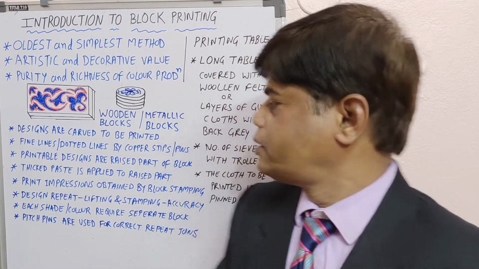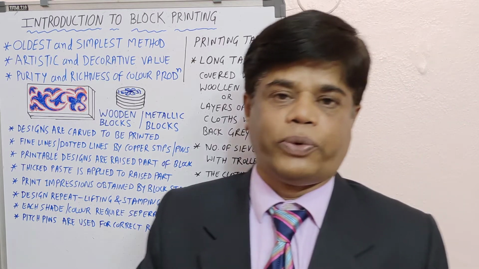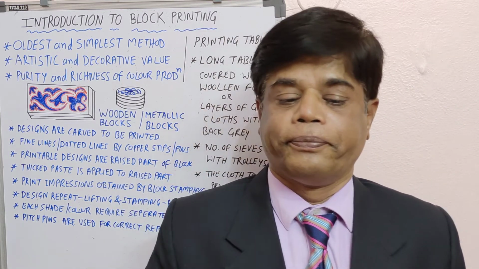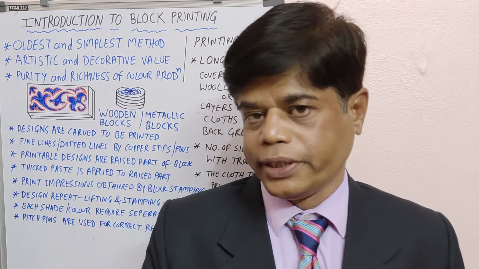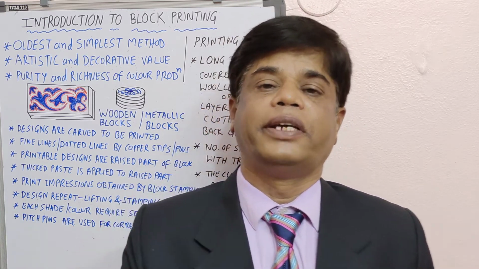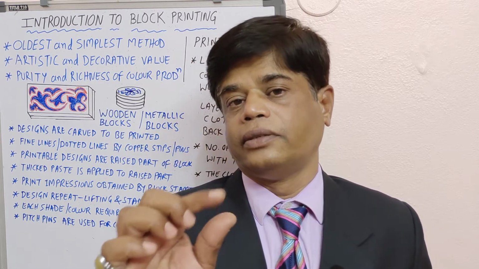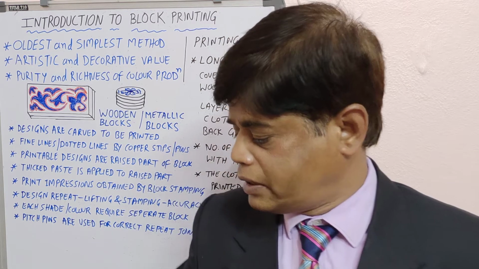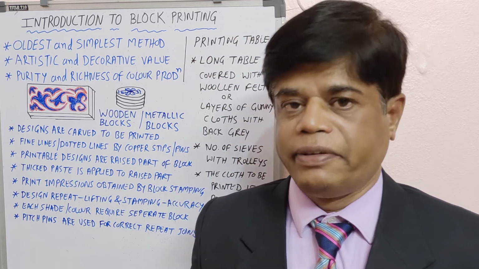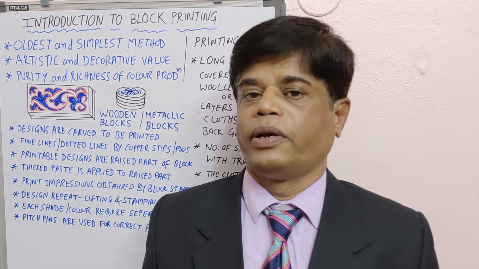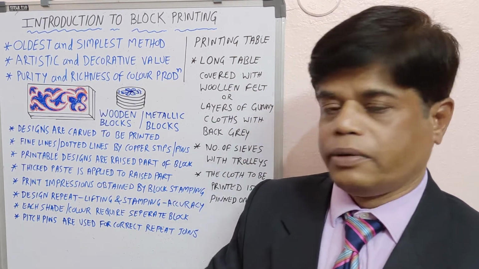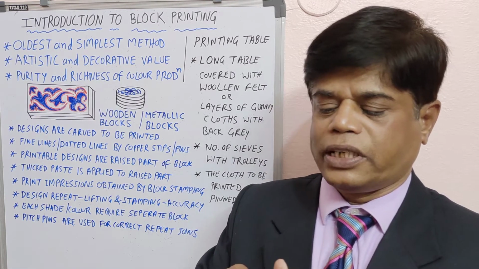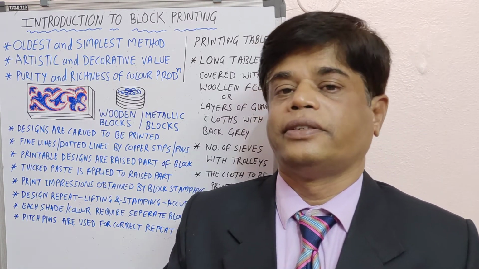Okay, now examples. That paste form is required, not solutions. The thickness of the paste is very important to hold. The level of the thickness is very important, so that whatever block the printer takes from the sieving tub, the tub is also made properly, so that the paste touches only the carved designs, not the rest of the block.